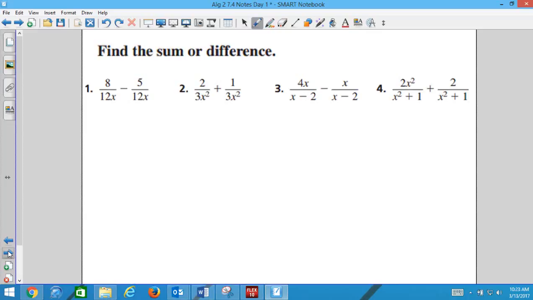If you do 2x squared plus 2, you cannot add an x squared with something that doesn't have an x squared. So you have to write it out, 2x squared plus 2. And there is something that cancels, but it's not like that. Okay, so let's find out what number 2 is.